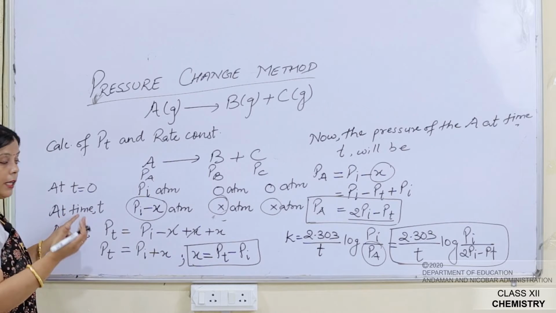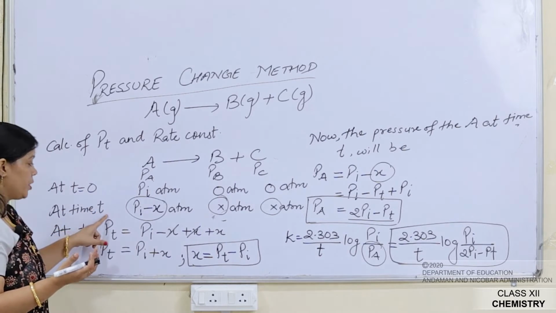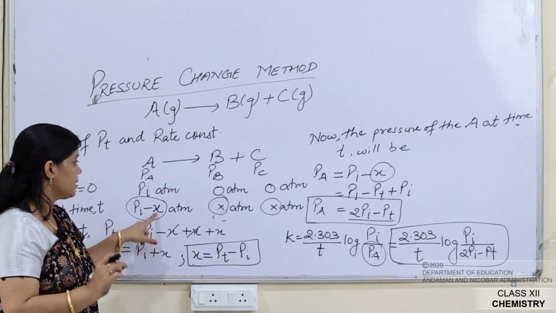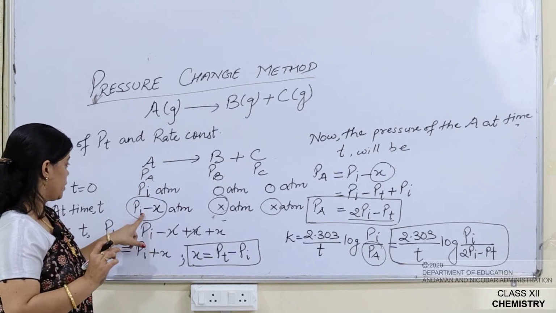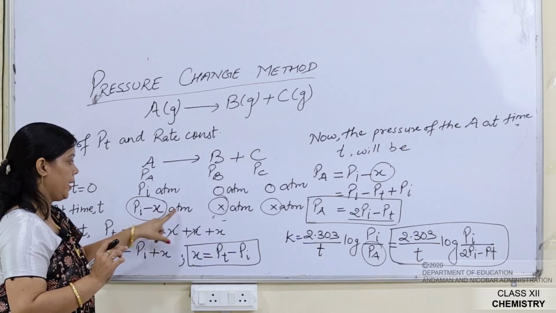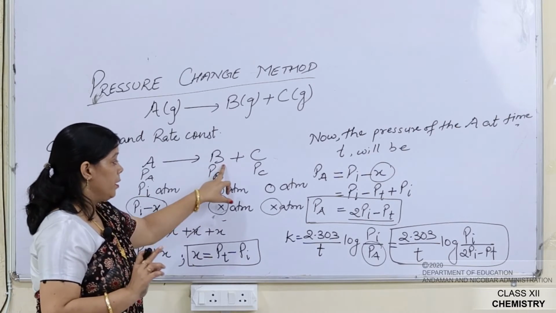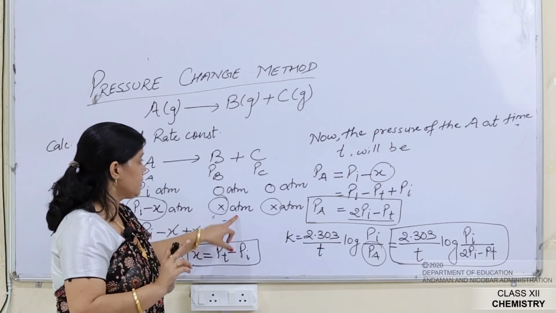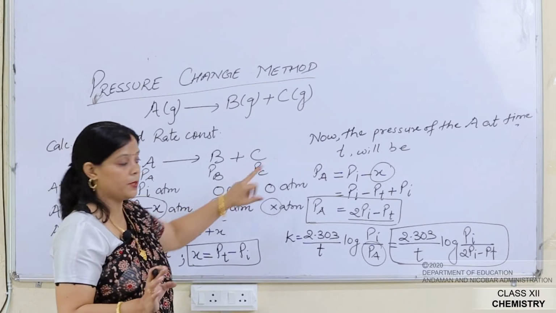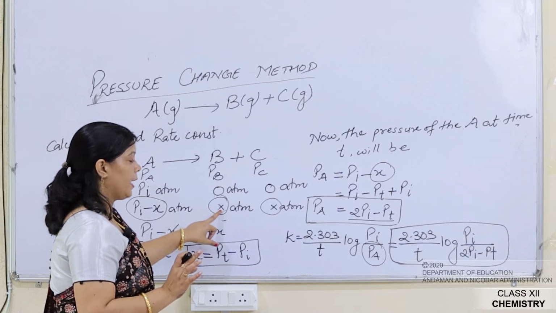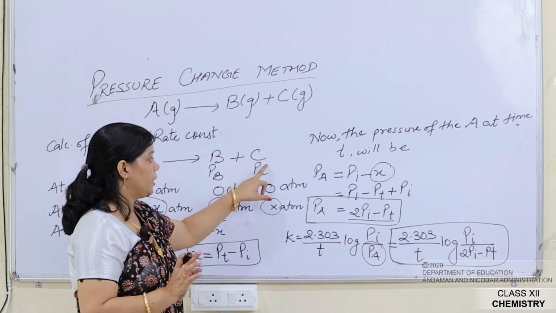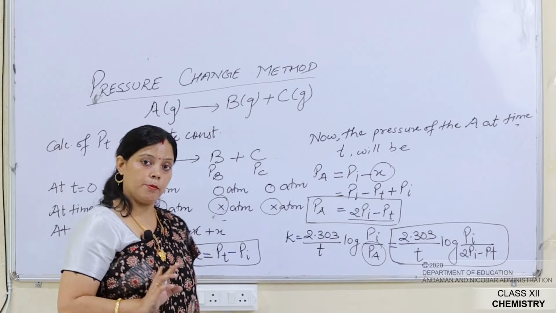As the reaction proceeds to time T, the pressure of A is Pi minus X atmosphere, and the pressure of B becomes X atmosphere and the pressure of C becomes X atmosphere.